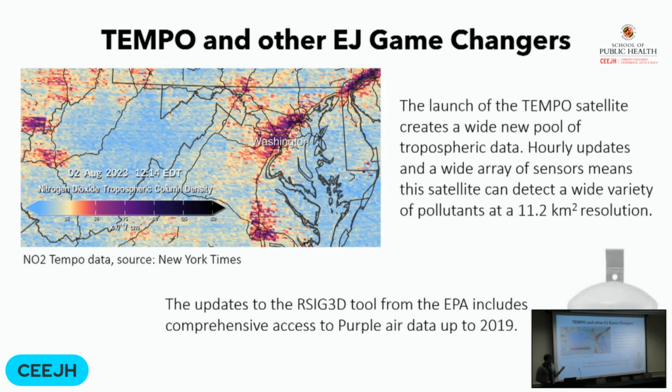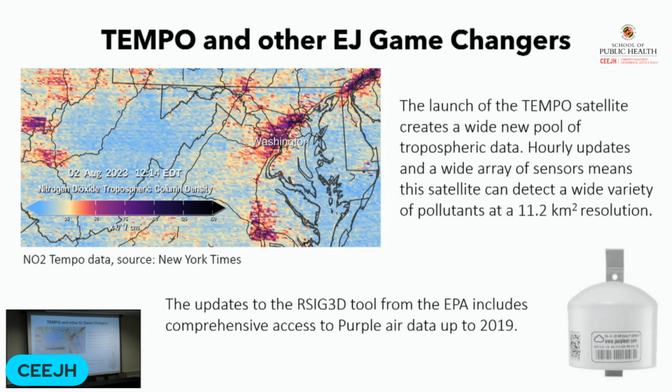RESIG is a tool that the EPA is developing, and I think it's in their 5th or 6th iteration now. They keep doing updates to it. What it does is allow users to pretty quickly and efficiently measure the air quality and other environmental pathogens using a large variety of open and closed data sources. Importantly, the PurpleAir data, which is publicly accessible, but is very hard to actually access.